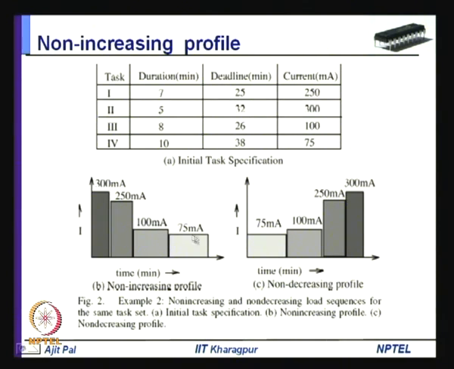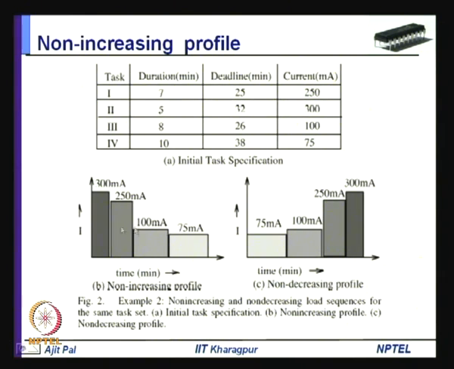You can schedule it in this way, or you can schedule the other way, where the task which draws minimum current is scheduled first, and then in increasing order you schedule the various tasks. And obviously, whenever you schedule these tasks in this manner, the deadlines are not violated.